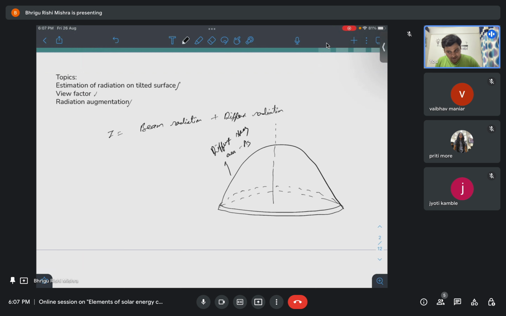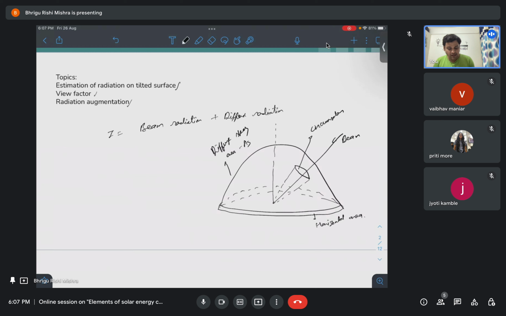So suppose I have a collector here, and suppose this is the direction of beam radiation, and this portion is the circumsolar, and this is the horizontal portion, horizontal area.